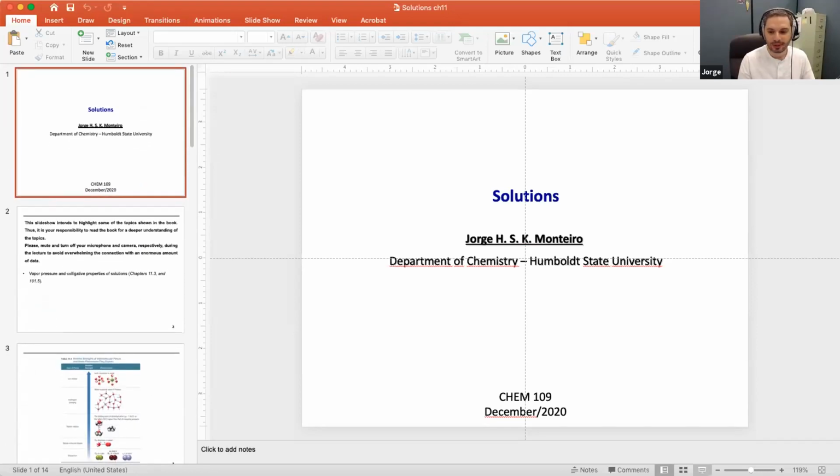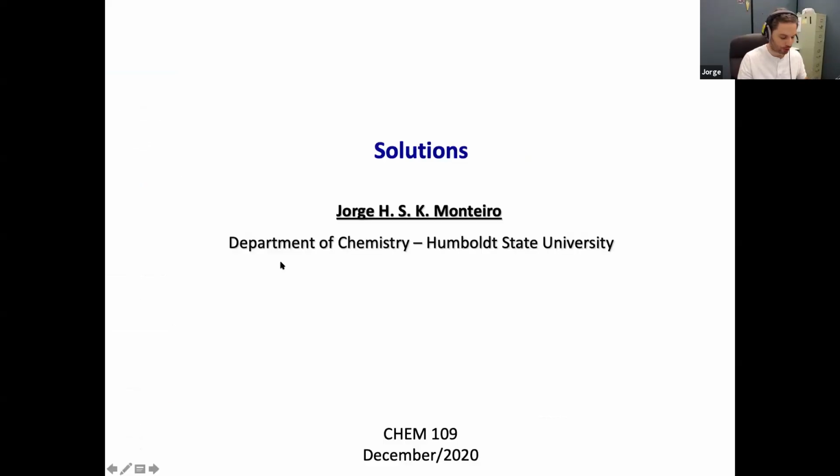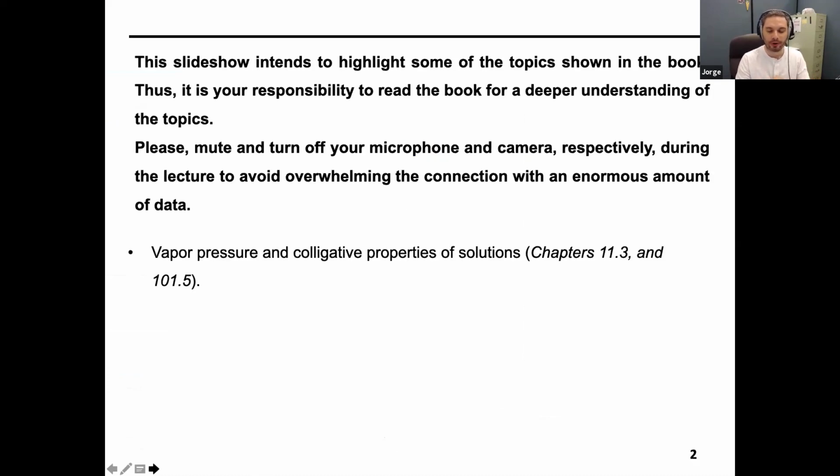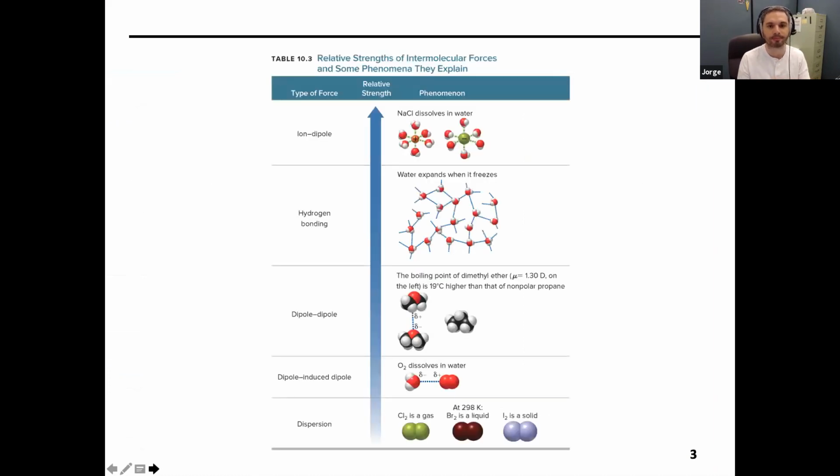Okay, so let's talk about solutions, and let's talk about the effects of adding, for example, salts on the boiling point and the freezing point of solvents. It's a very short chapter, so we will talk very quickly about vapor pressure and colligative properties of solutions.